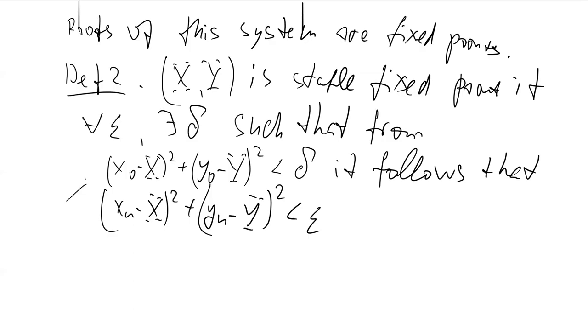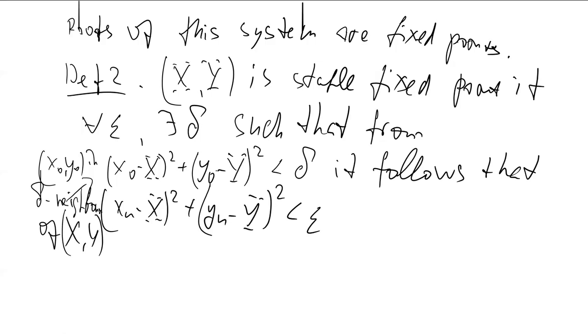So what does this mean? This means that x naught, y naught is in a delta neighborhood of X capital, Y capital.